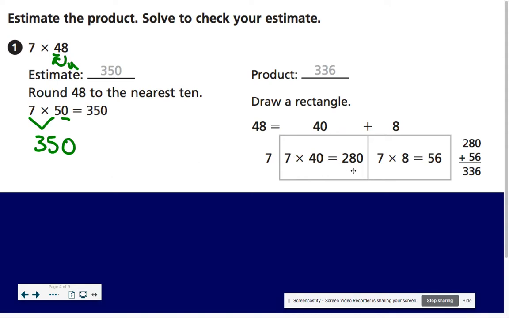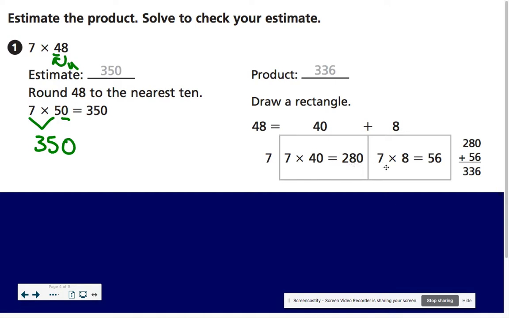To actually solve it, if we're using our area model, we can split up 48 by 40 plus 8 times 7. So the first box, the two numbers touching it, is 40 and 7. So 40 times 7 is 280.